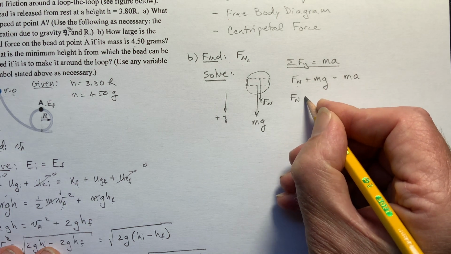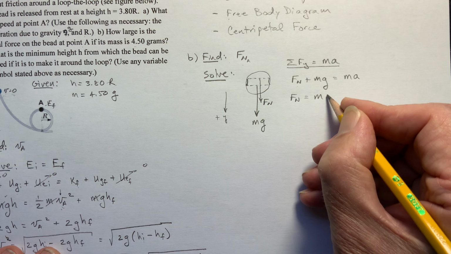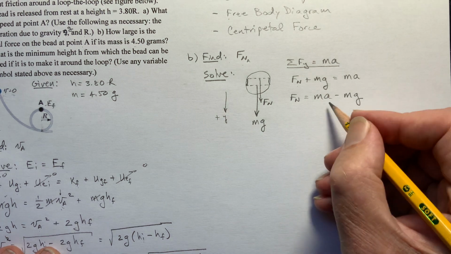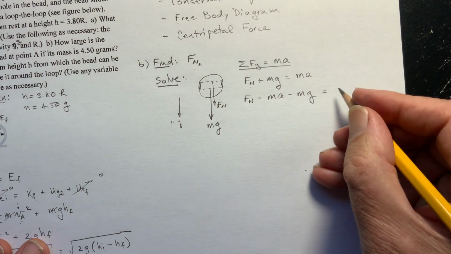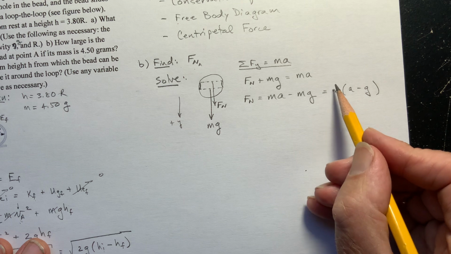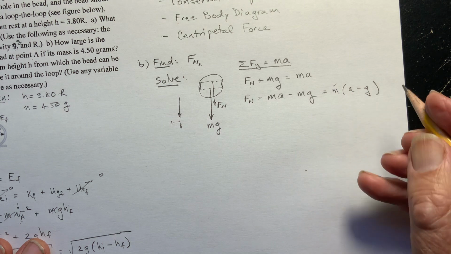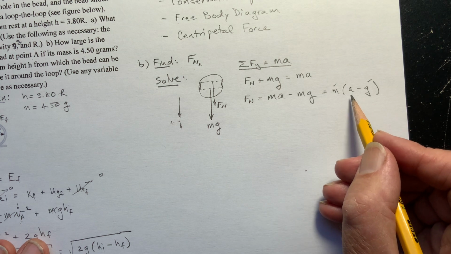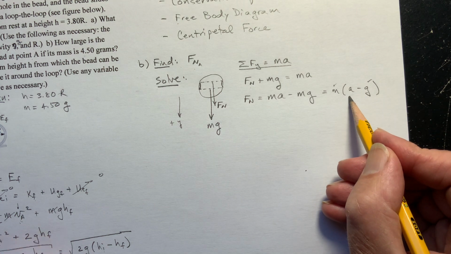The normal force is just equal to ma minus mg. So I can pull an m out. I can say this is m times a minus g. Now I know what m is, that's given. I know what g is. I know what planet I'm on. But what about the acceleration?